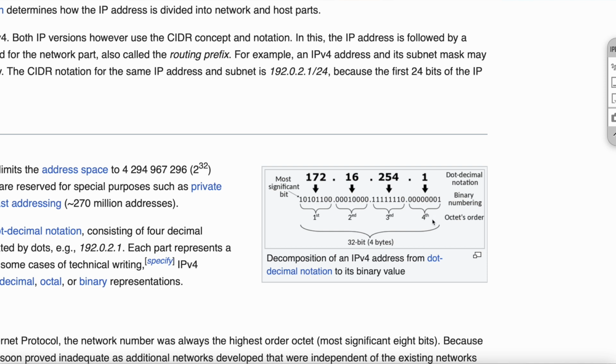It is a string of 32 bits, ones and zeros, but because we as humans don't really work well with large numbers, we have decided to break them into 4 octets, so 4 groups of 8 bits, and each of those 8 bits will take a value from 0 to 255. So smallest IP address 0.0.0.0, biggest IP address 255.255.255.255.